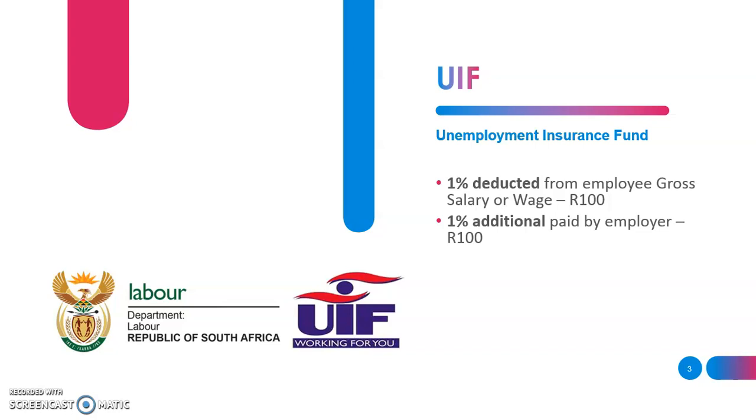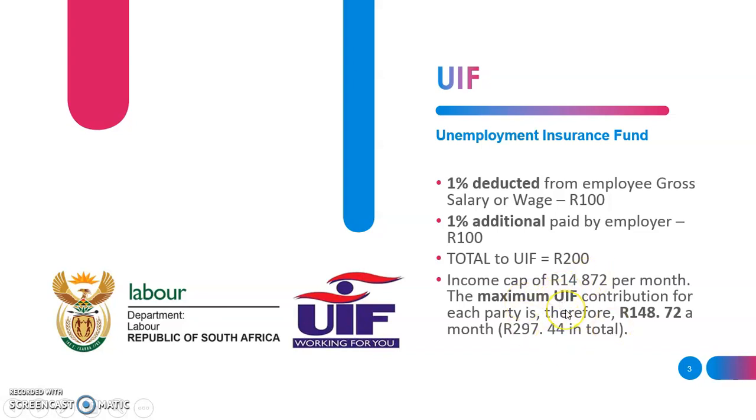Yes, so this will be over and above the salary that we'll be spending on this person. Another 100 Rand towards the UIF. So what happens here is, at the end of the month, we as the employer will have to pay the fund 200 Rand. 100 Rand came out of the employee's pocket, and another 100 Rand came out of ours.